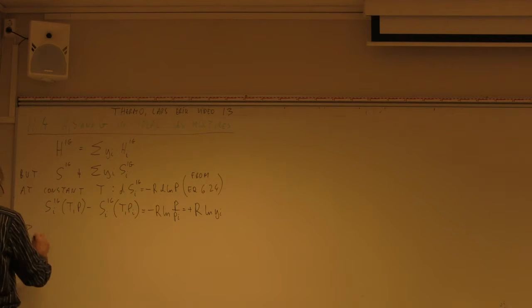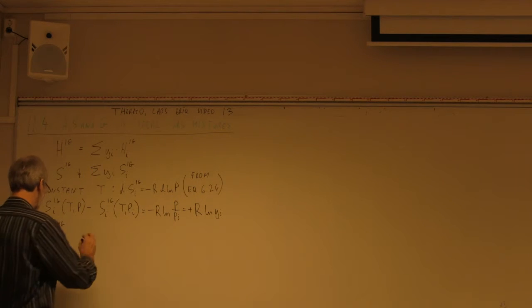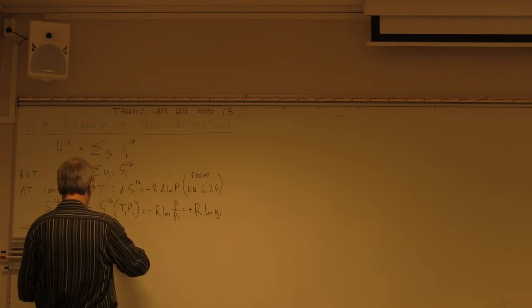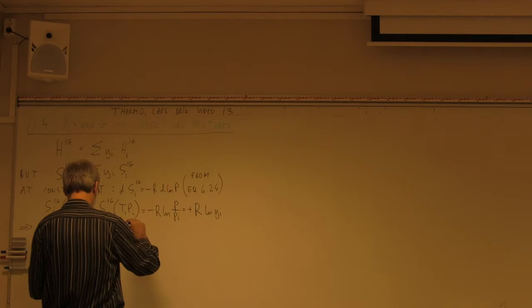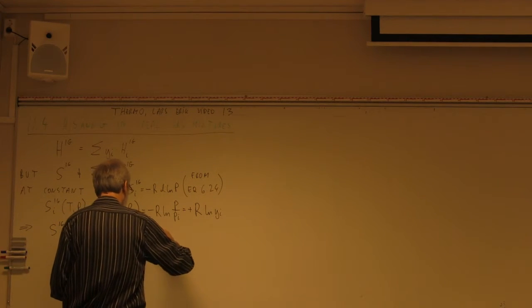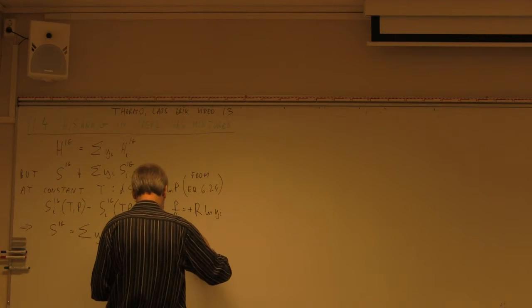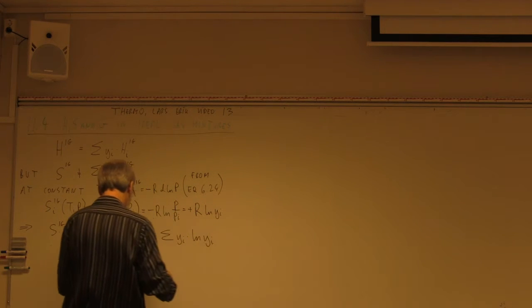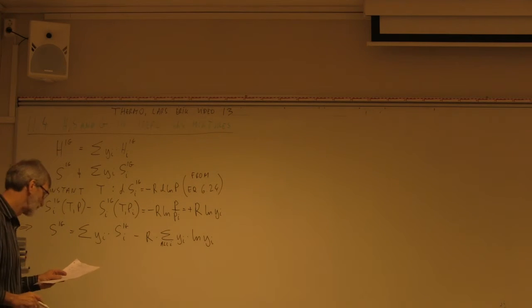And then the ideal gas entropy is the sum of the mole fraction times the ideal gas entropy minus the gas constant times the sum of the mole fractions times ln of the mole fractions for all components.